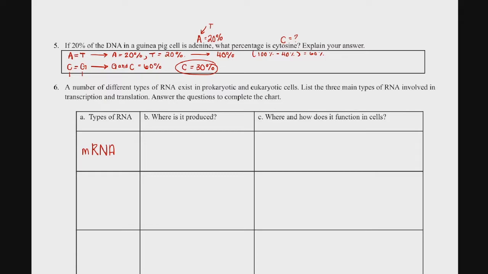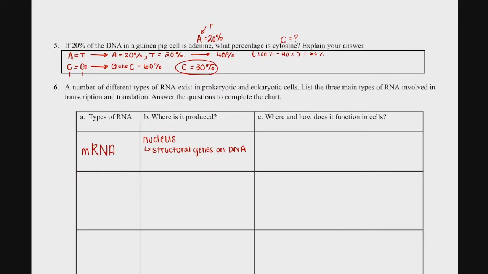And it is produced in the nucleus from structural genes on DNA. And structural genes just mean specific genes, but that's what they're usually called.